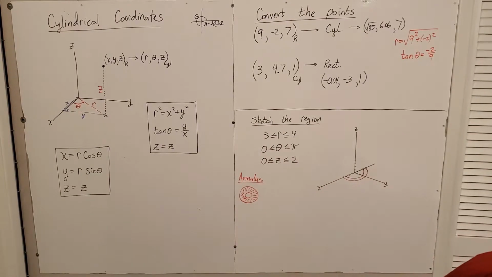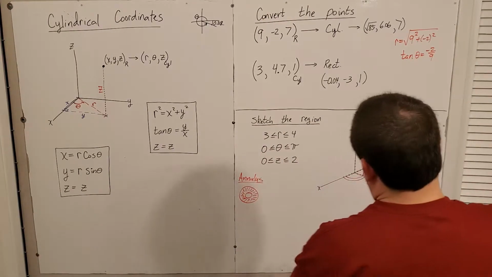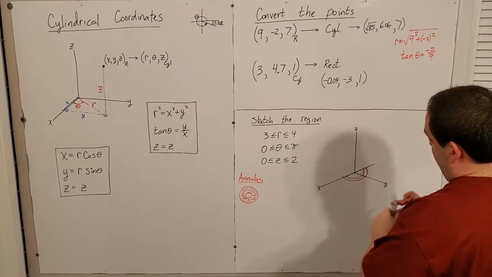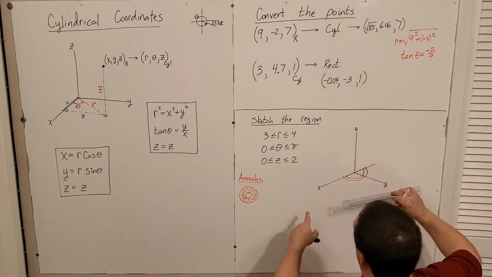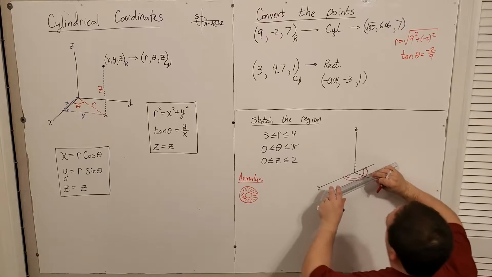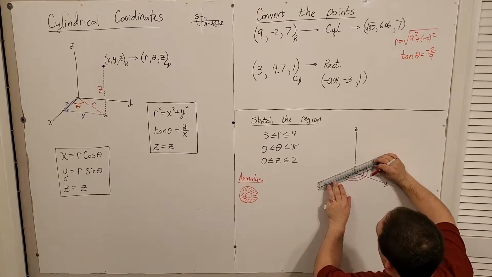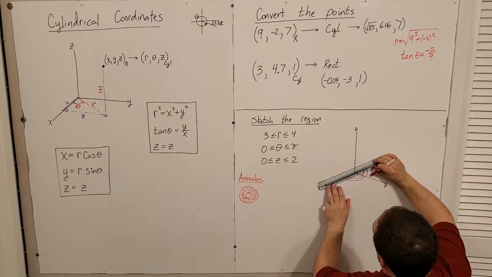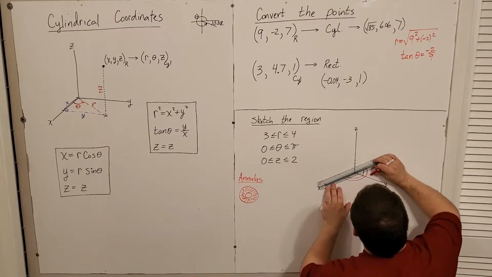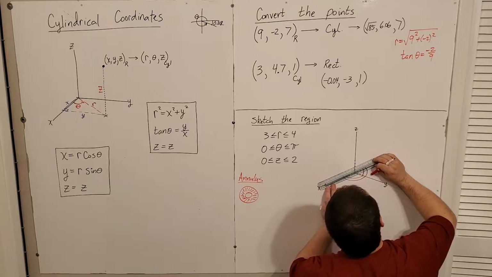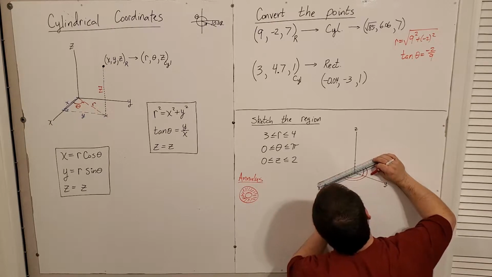So to help myself, I'm going to draw something parallel to the x-axis, but I'm going to draw it at 2 on the z-axis. Okay, so I'm going to do my best to line up a parallel line with the x-axis here.